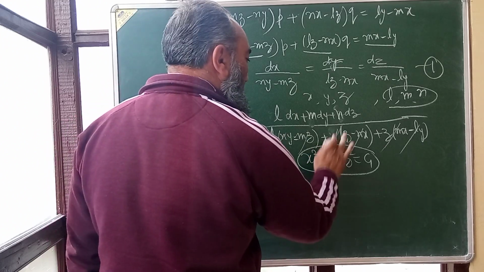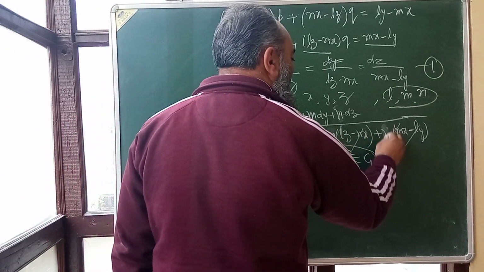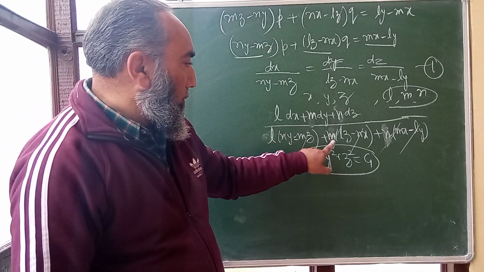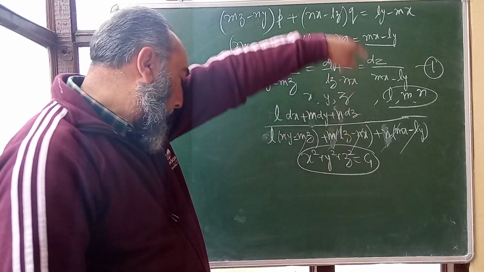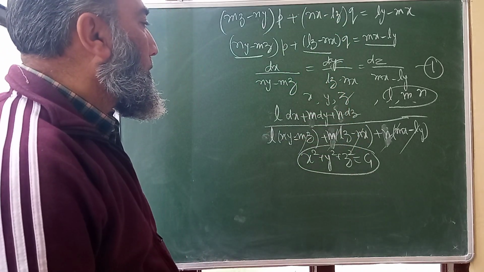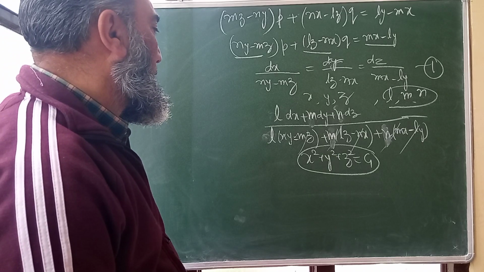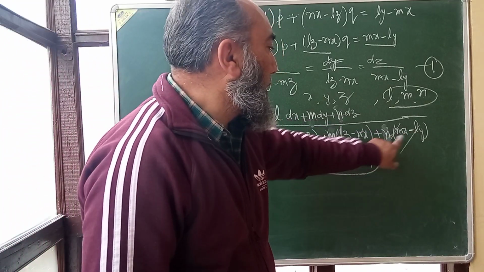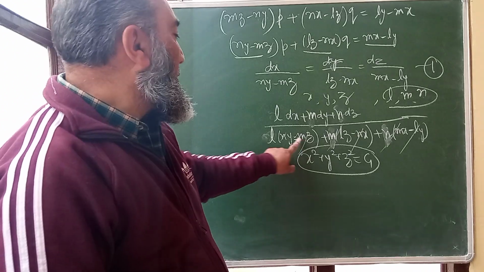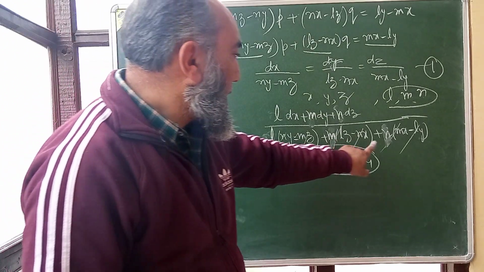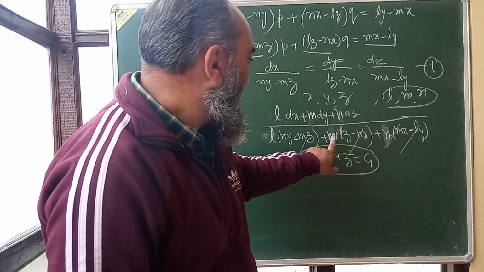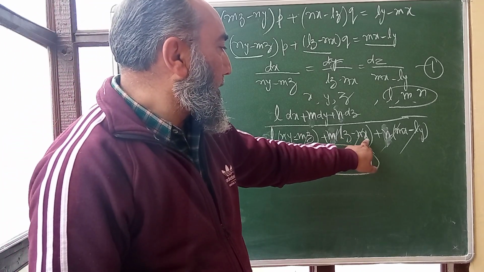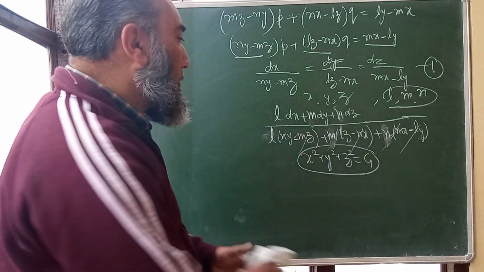Now you can see this is lny minus lny, minus mlz plus mlz, then mnx minus and plus mnx. So the denominator is again 0.